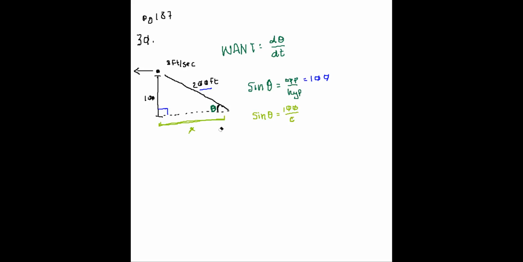So in order to find the rate of c changing, we're going to need to do essentially what we did before, I think. So c is equal to, or rather, let's just figure out what's going on here. Let's just try to take what we have and do what we can with it. In order to get theta on its own, we're going to need to take the inverse sine, I think.